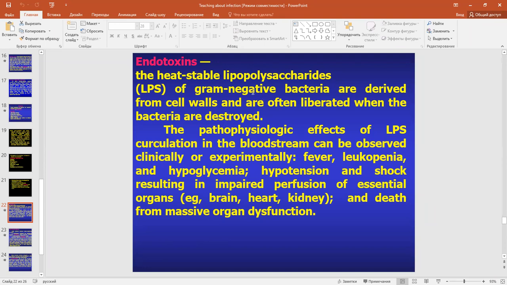If a person is infected by gram-negative cocci or gram-negative rods, the clinical symptoms are common.